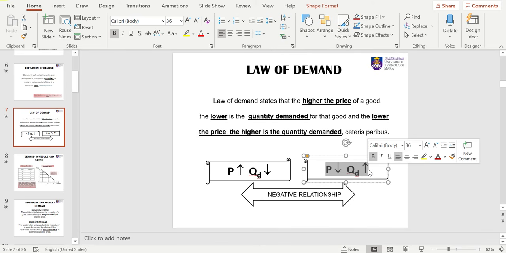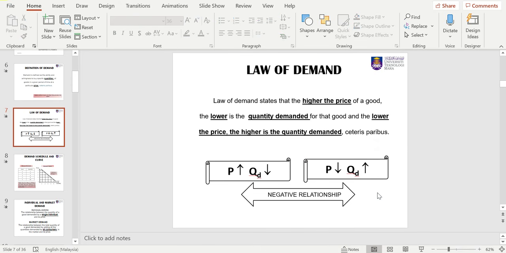We don't know also. That's why we will look at the third topic, which is elasticity, because we would like to see the responsiveness of this quantity demanded when the price changes. For example, if the price increases from RM2 to RM3, an increase of 1 ringgit, and quantity demanded decreases from 100 to 10, that means 90% decided not to buy the product.